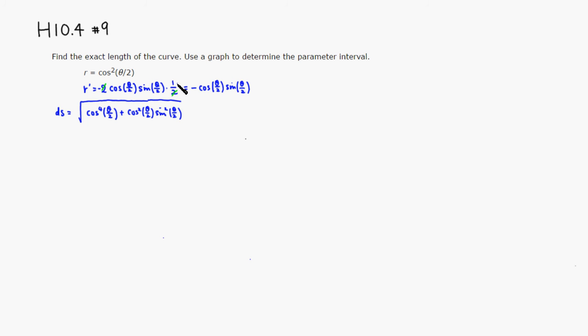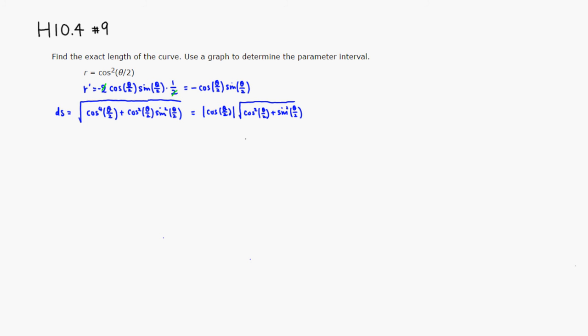Then I'm going to pull out the cosine squared. So the square root of cosine squared would be the absolute value of cosine of theta over 2. Then what's left is cosine squared from here and the sine squared of theta over 2.